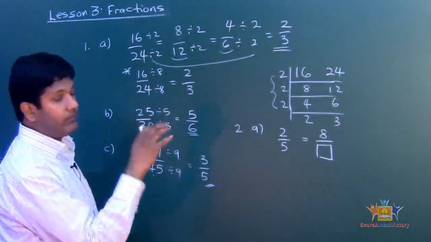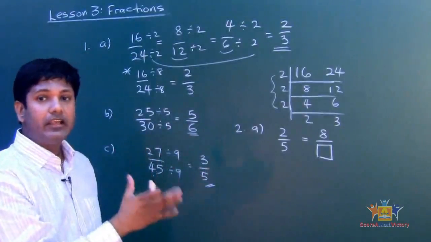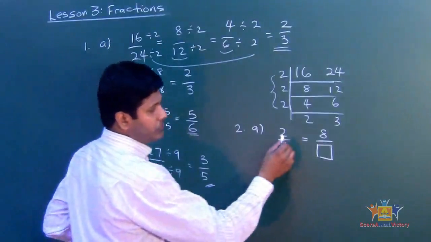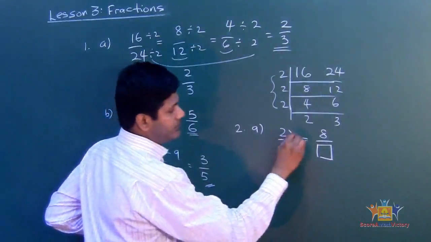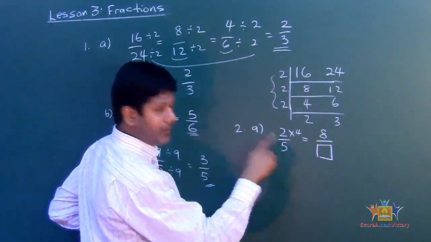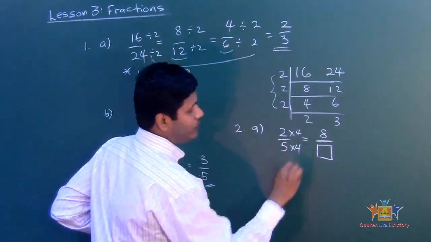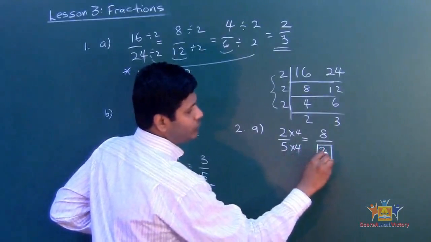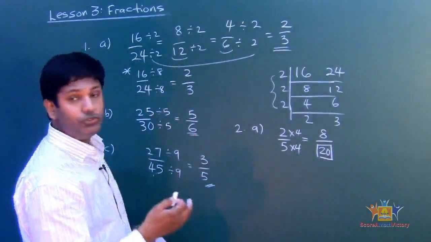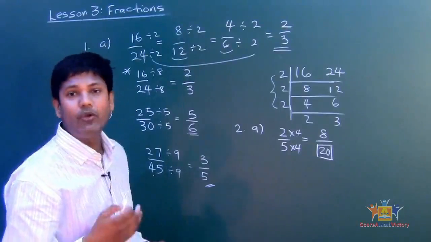This time we're still finding the equivalent fraction, but in a bigger form. How do I go from 2 to 8? I multiply by 4. If I multiply by 4, what do I have to do to 5? Exactly, I also multiply by 4. So 5 times 4 is 20. So the equivalent fraction for 2 over 5 is 8 over 20.